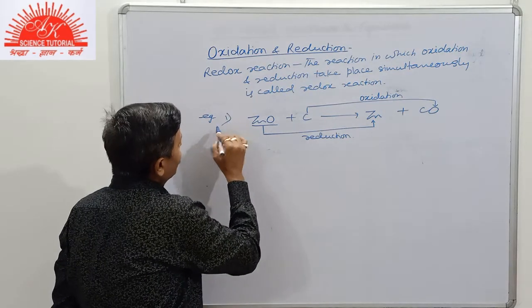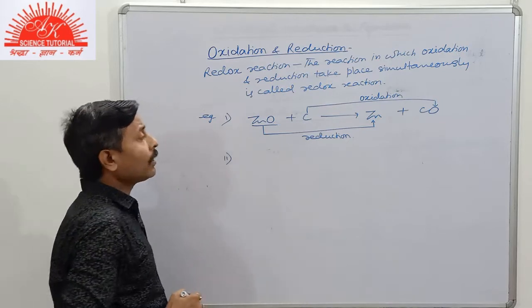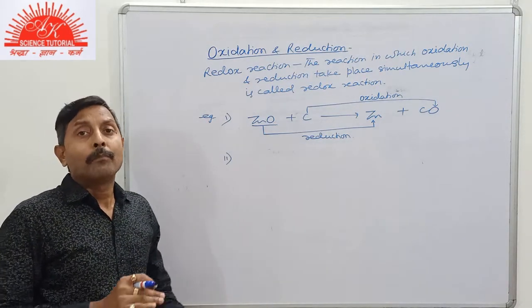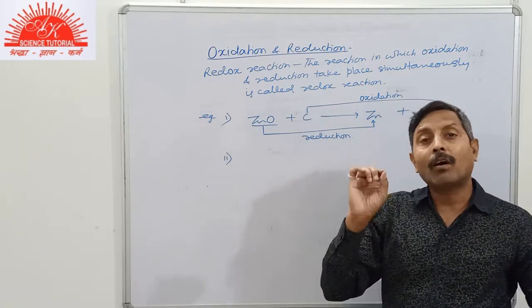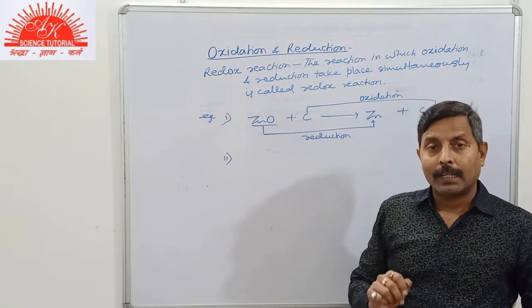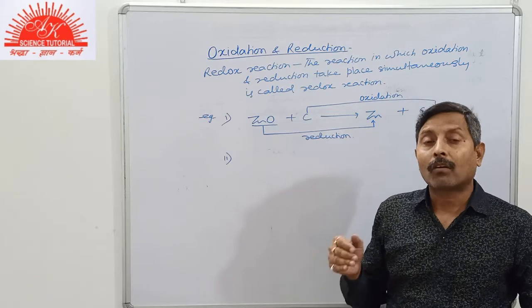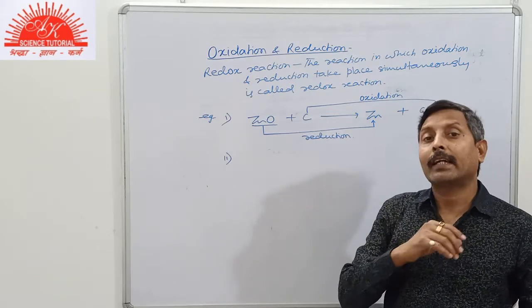Take one more example. Suppose manganese dioxide, MnO2, which is a black colored oxidizing agent, is heated with concentrated hydrochloric acid.